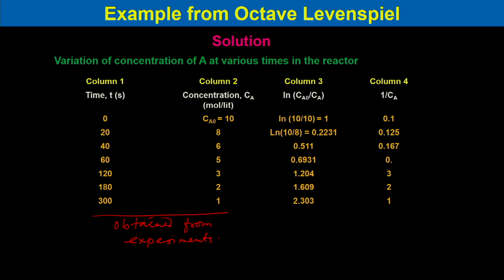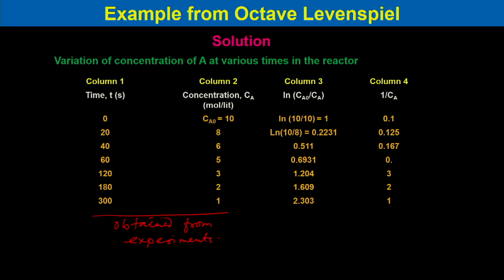So, we can calculate ln 10 by 10 is 1 here, ln C A naught by C A. Similarly, ln 10 by 8 would be equal to 0.2231 and so on for all the other times and concentrations. Now, we can also calculate 1 by C A, so the concentration initially present is 10, so 1 by 10 is 0.1, and so on for all other concentrations at various times we can calculate 1 by C A.